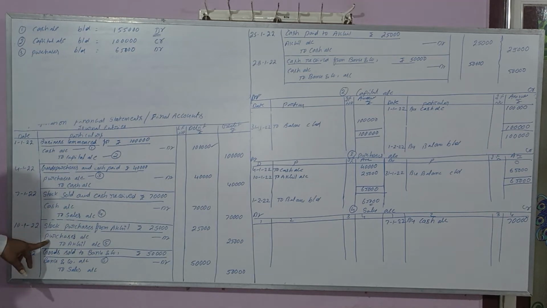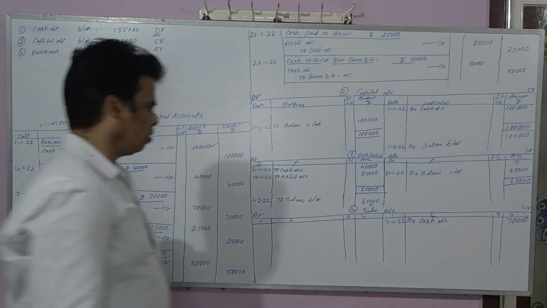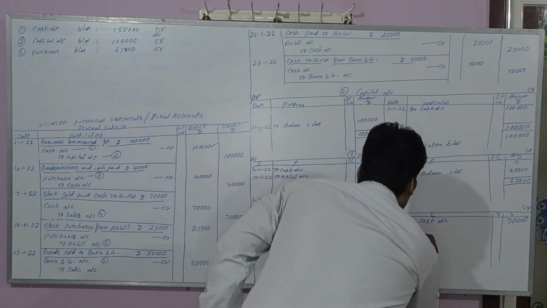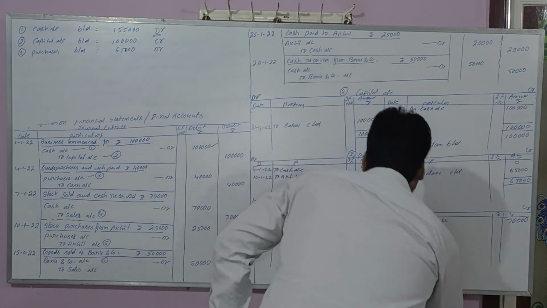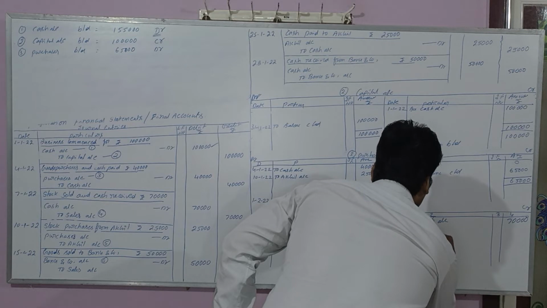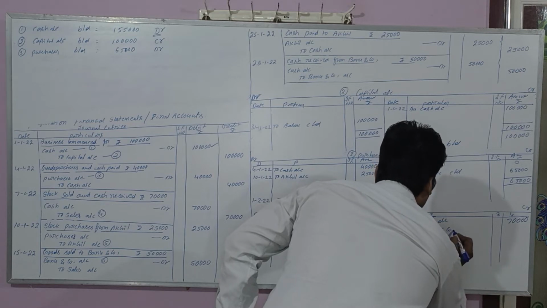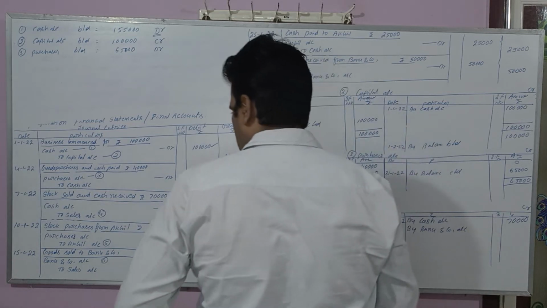In the next entry, there is no sales. In the next entry, sales is there. Bonu and co account debit to sales account. Sales is placed at credit. That's why on the credit side, we write by Bonu and co account.